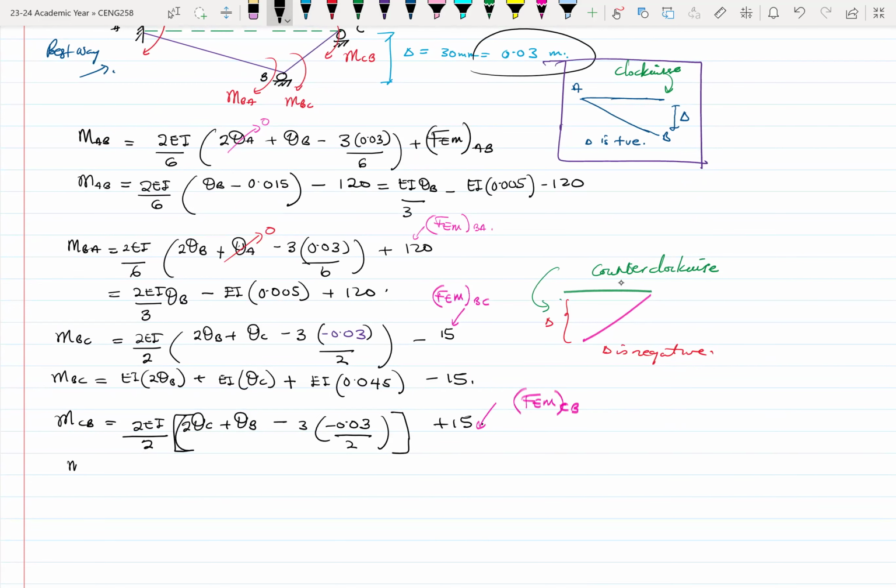So our MCB, when simplified, will be EI over 2 theta C plus EI theta B, then plus this whole thing, EI 0.045 plus 15.